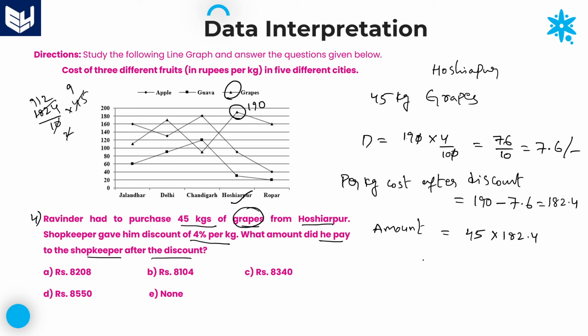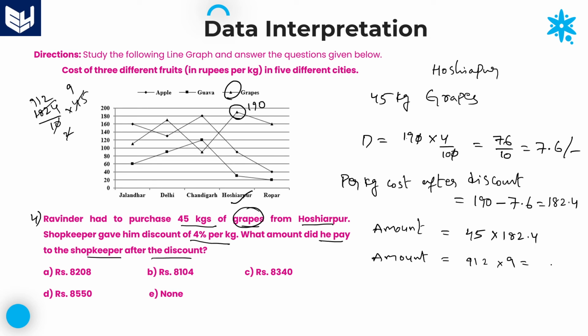Therefore the required amount which you need to pay is 912 into 9, you just multiply these two values.